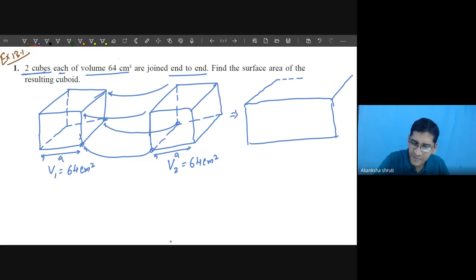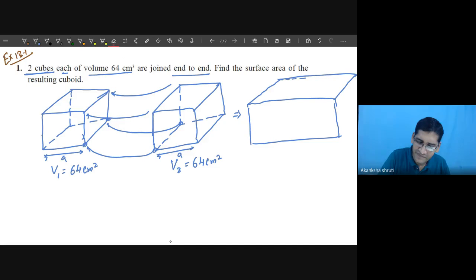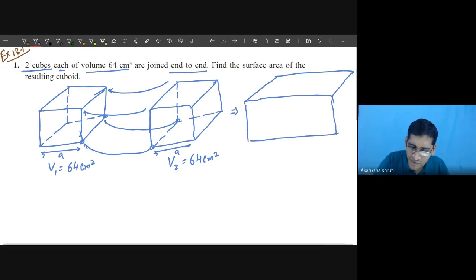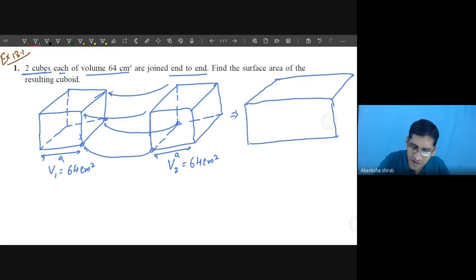Since it is being doubled, we can draw it like this. But these are the joint of the two cubes, so we shall keep that joint in between these two.